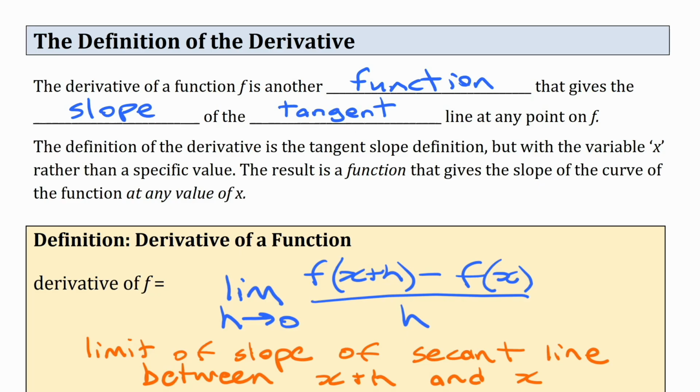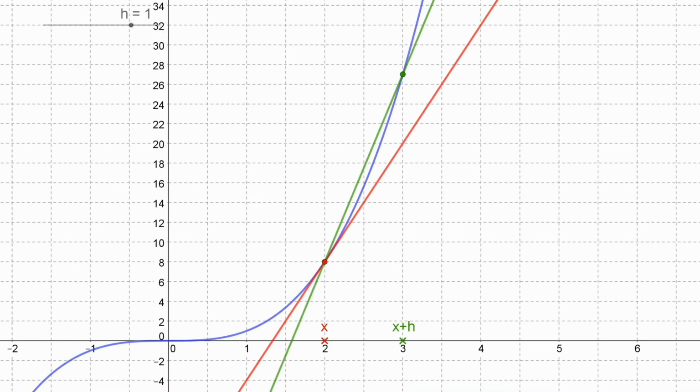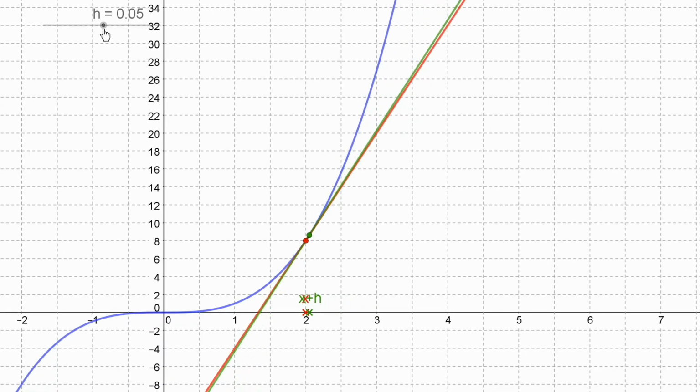And I don't think it would hurt to look at it visually again. So on a graph, what's happening is you have your point x. Now on the graph, it has to be a point somewhere. I'm calling it x, but it could be anywhere on the curve. And then you have a point on one side or the other that we're calling x plus h. And then we're looking at what's happening with the slope of the secant line as we make h go towards 0.